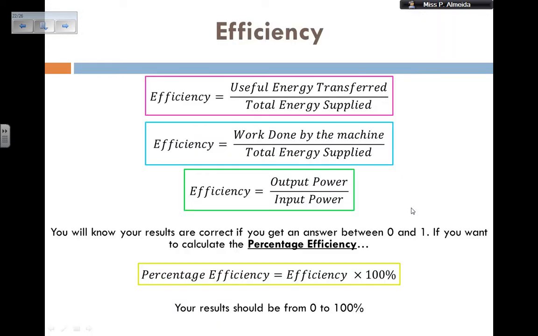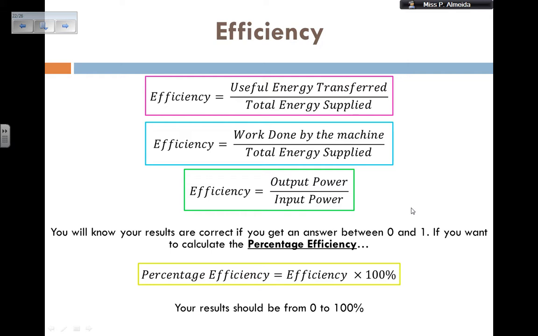So I can use this to calculate efficiency. And here are 3 ways that you can calculate efficiency. Efficiency is the useful energy transferred over the total energy supplied. So you can use useful energy over total energy input. Efficiency is also the work done by the machine, because that's what I want, so the energy being transferred usefully, divided by the total energy supplied.